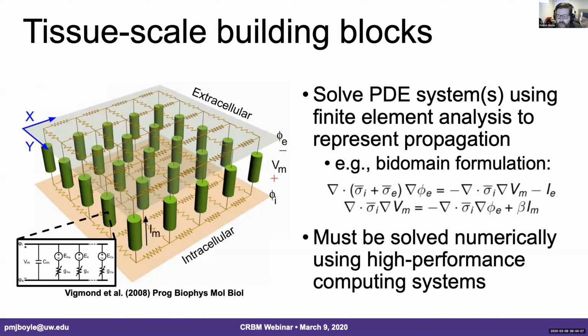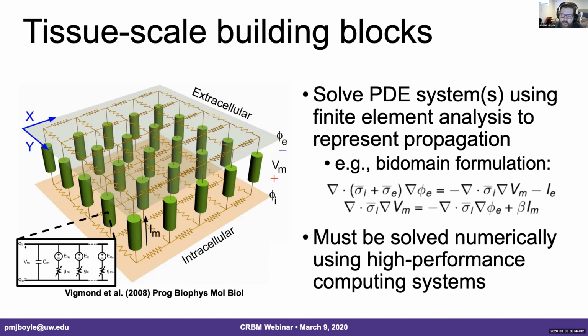At the tissue scale, we graduate up a level. We homogenize the system, so we have hundreds or thousands or hundreds of thousands of individual nodes in finite element models, and in each of those nodes we incorporate a copy of that same ionic model, the cell scale model that I talked about in the previous section.